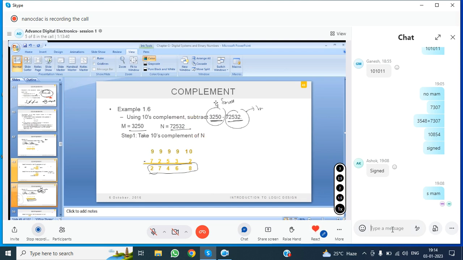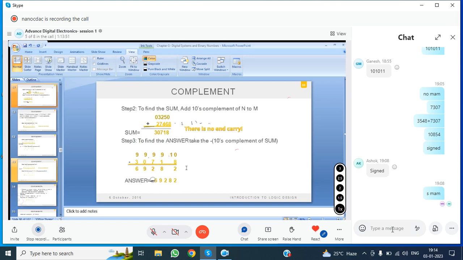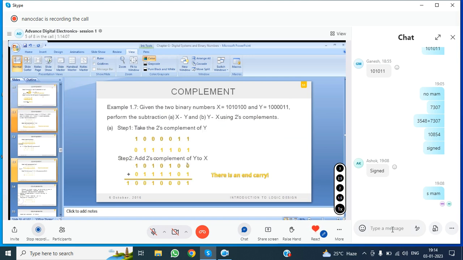For this particular example, it is 3250 minus 72532, where M is less than N. In this condition, you perform the same thing, and finally you subtract the result from 9999. The same 10's complement process is followed.